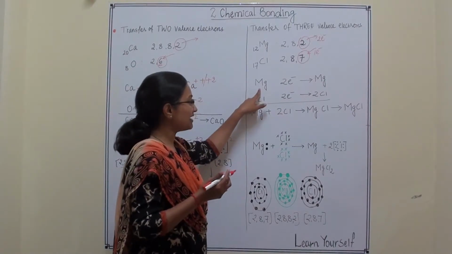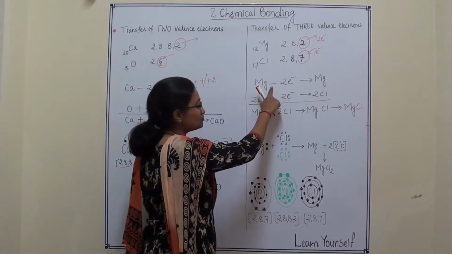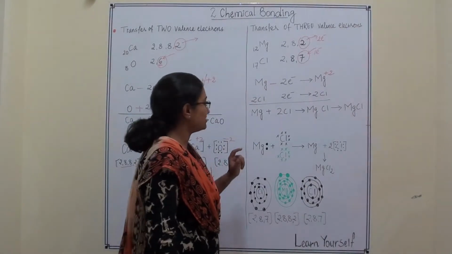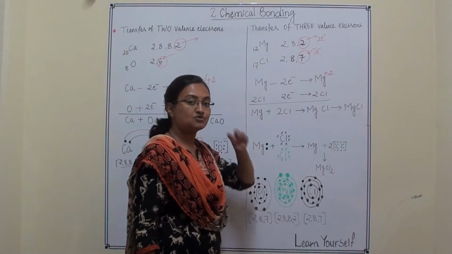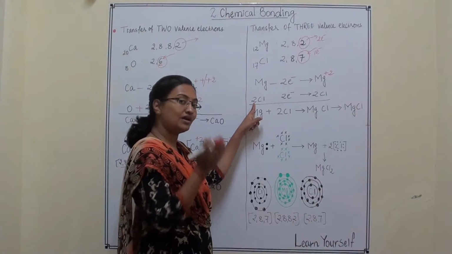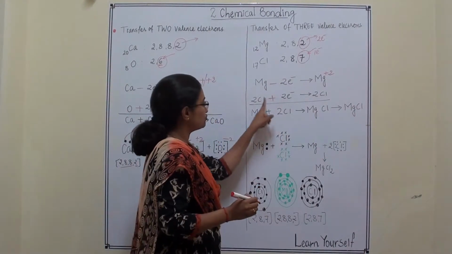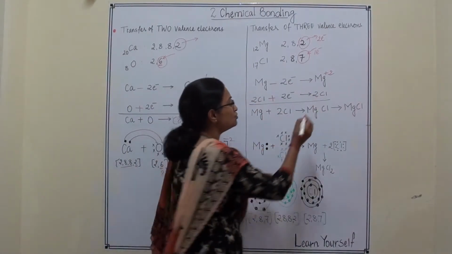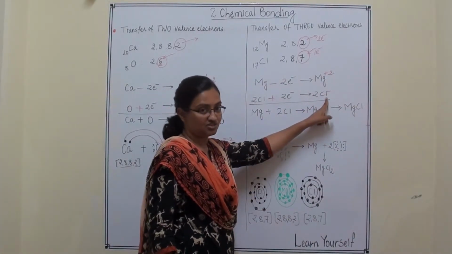So here 1 magnesium atom is donating 2 electrons. It is losing 2 electrons and will form Mg plus 2 ion, the cation. Now these 2 electrons are being absorbed by 2 different chlorine atoms, so that's why we have written 2 in front of the chlorine. 2 chlorine atoms will gain 2 electrons, so they will become 2 Cl minus. 2 chloride ions will be generated.